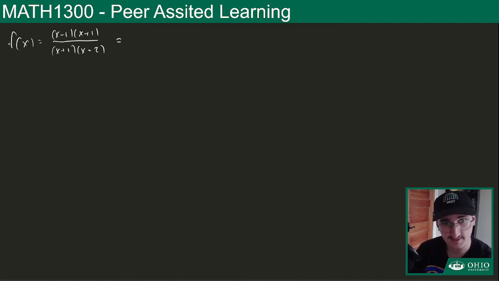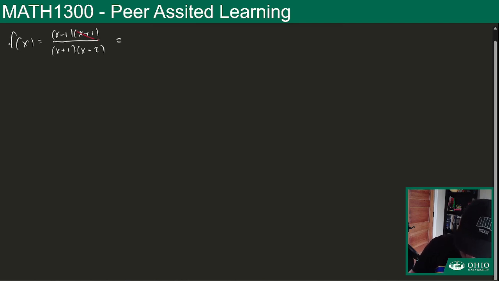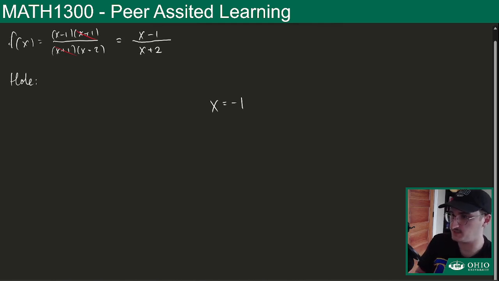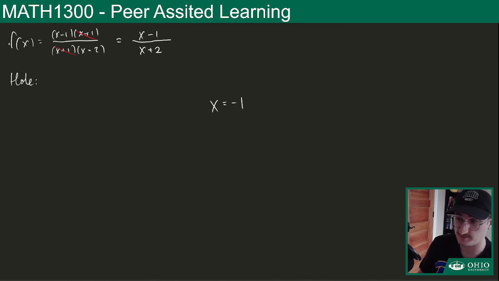I can move on to the next step, which is see what terms cancel, and you might notice that x plus 1 and x plus 1 cancel, and the resulting rational function looks like x minus 1 over x plus 2. And so I want to write down this information of x equals negative 1 as a hole, but then I want to plug that value back into my reduced function to find the y value of the hole.